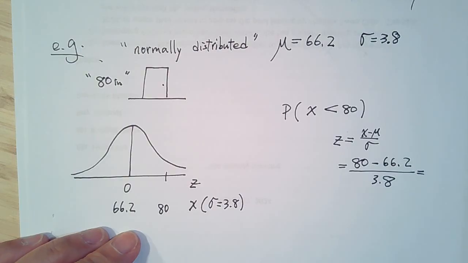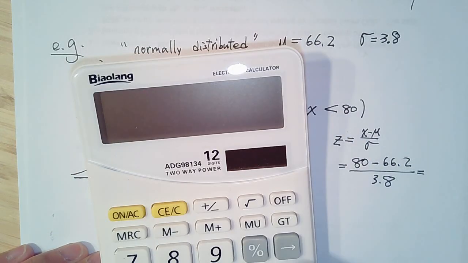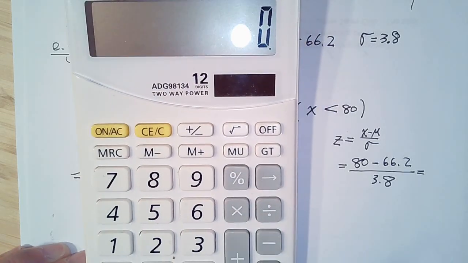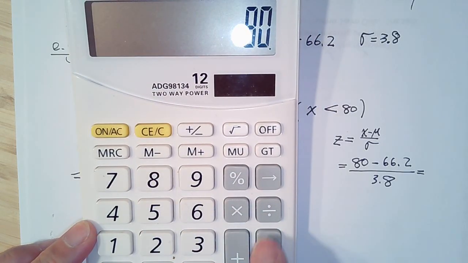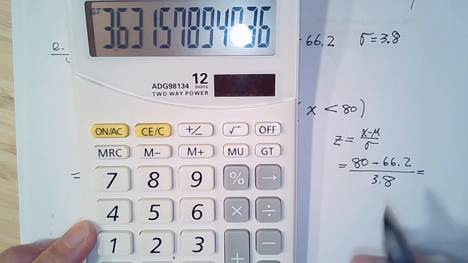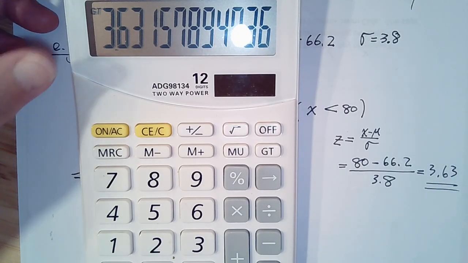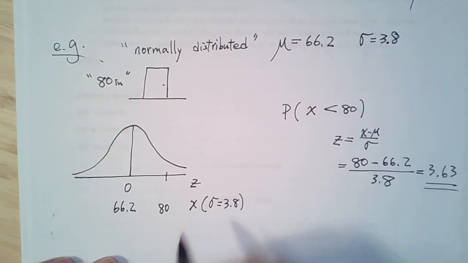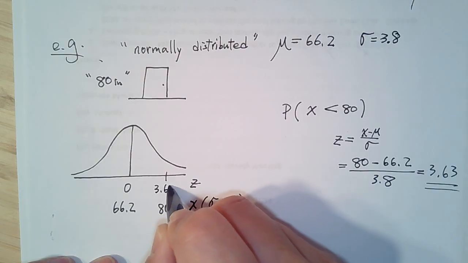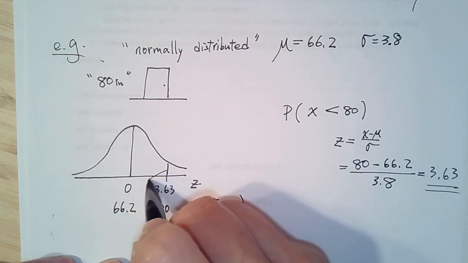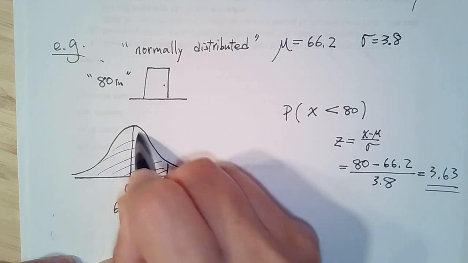Let me see my calculator here. I have 80 minus 66.2 and then divided by 3.8. I get 3.63. This is my z-score here, 3.63. And I'm looking for the probability to the left of this one.